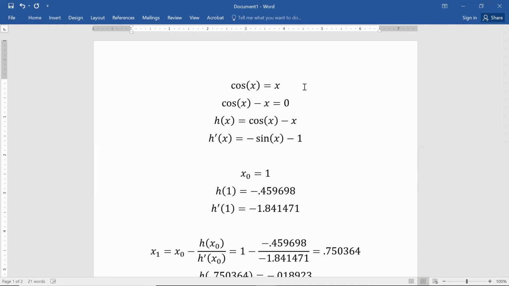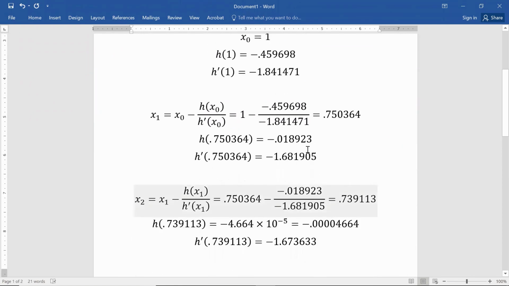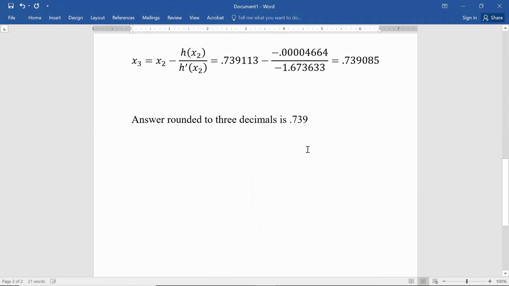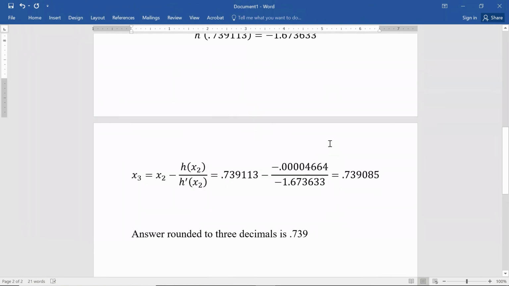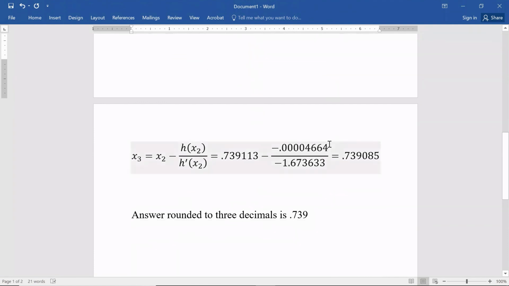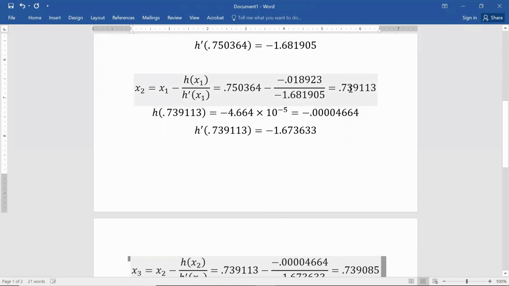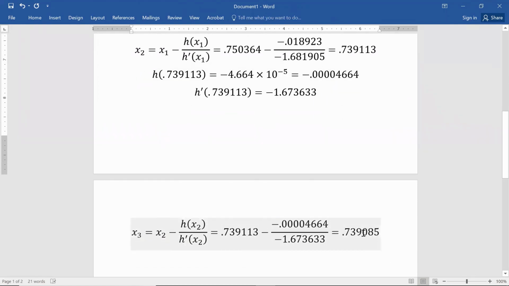Once again, be careful that we're in radians when you're dealing with cosines and sines. So that's how this goes. You can see pretty clearly how once your iterations don't change by 3 decimal places, those first 3 decimal places are going to stick tight. Remember, you're always going to get better and better approximations as you do Newton's method.